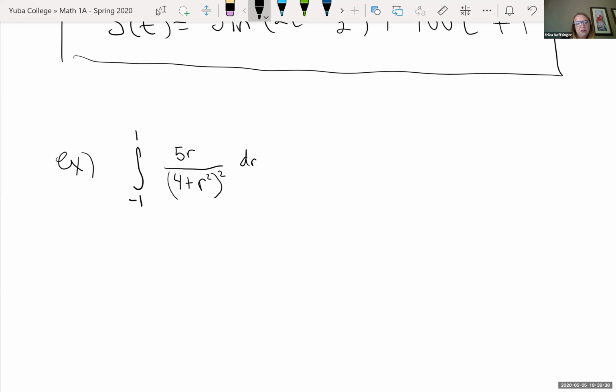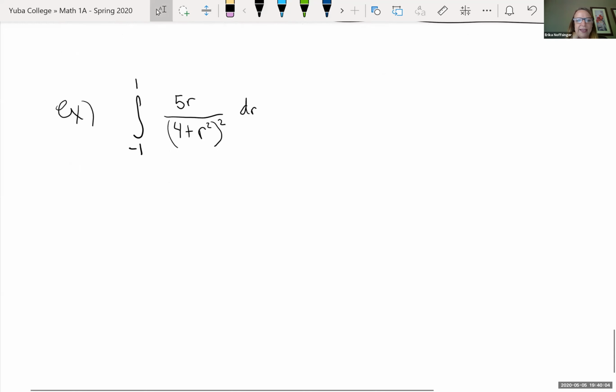Okay, so we want to choose a value for u. The thing is, when we do this, there's two different methods. We have to be careful with our definite integral and our bounds. So when we use U-substitution, we can change our bounds right away so that they're in terms of u instead of r. And to me, that's a lot easier. When I was a student, though, I liked it the other way.